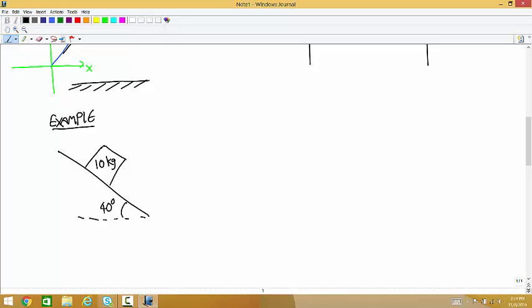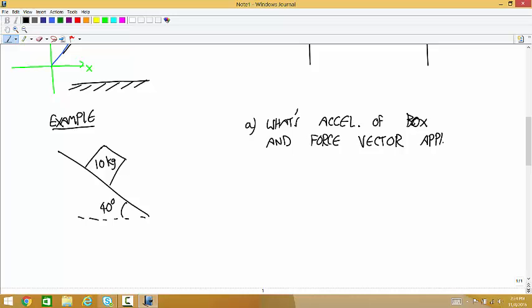And we want to know what's the acceleration vector of the box and the force vector applied by the incline if there's no friction.